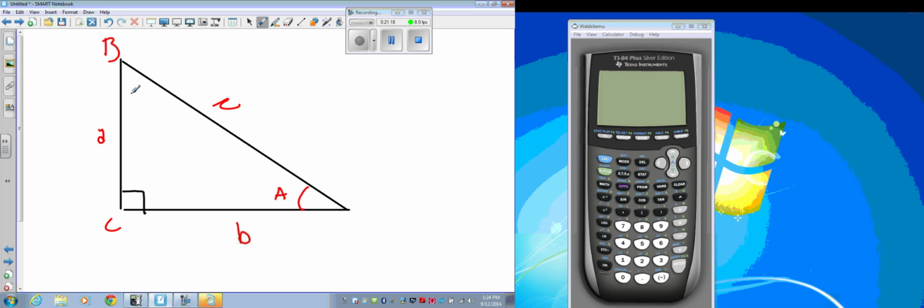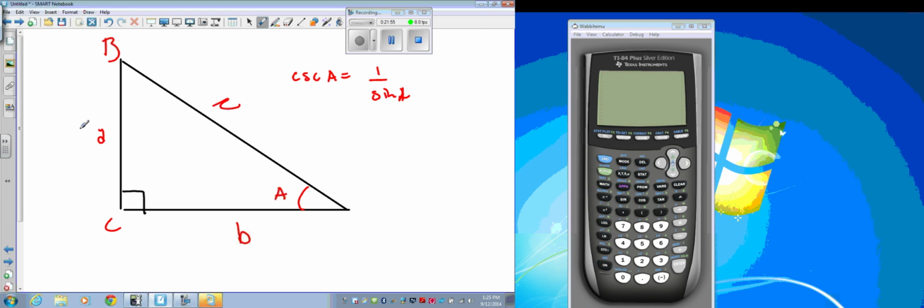It's not the cofunction. What you're doing with the sine and cosecant is, the cosecant of, say, A is going to be 1 over the sine of A. So if the sine of A is A over C, the cosecant of A is what?